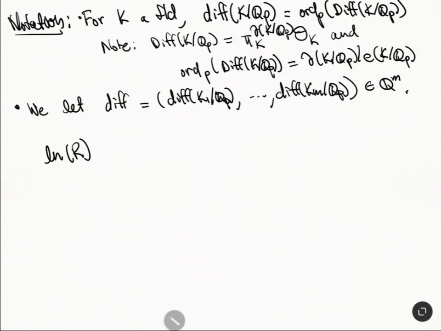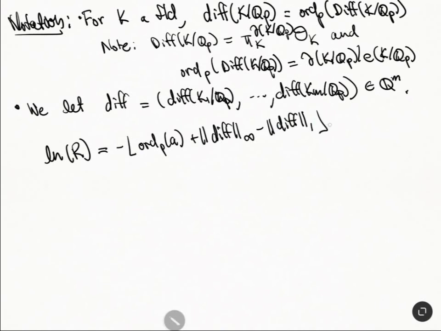So this is equal to, so this is the upper bound, right? So this is the floor, and then we're going to take the order P of A plus, okay, so we take this different, we're going to take the maximum one, and then we subtract the minimum ones, all right?